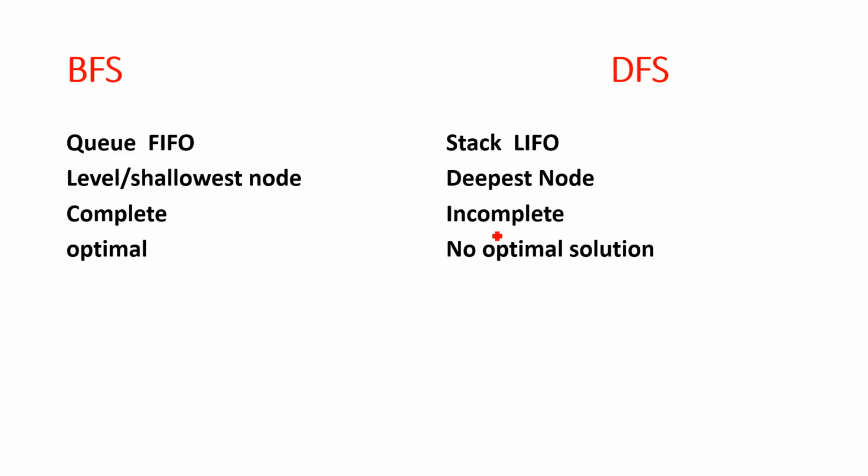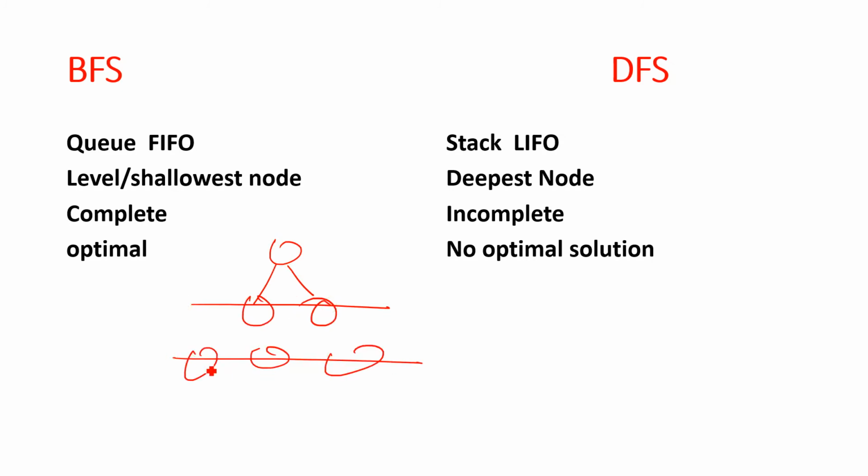And here I have written some differences between BFS and DFS. BFS follows the queue, which is called FIFO, and we had discussed FIFO in our last lesson, so you can please watch there. DFS is using a stack or LIFO, last in, first out. BFS is level wise or shallowest node, means each and every node. Suppose if we have 2 or 3, it will go like this.